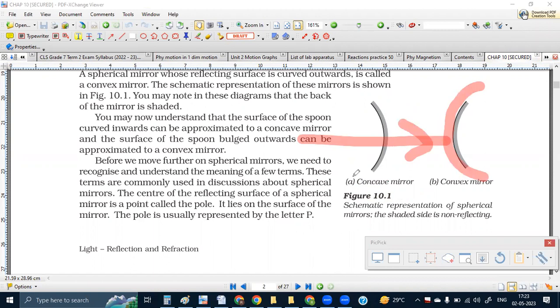Now, how these rays are going to travel in both cases, concave mirror as well as convex mirror, the rays are going to travel in a different way. But before this, we are going to note down a few definitions for concave and convex mirrors. The first is the center of curvature.